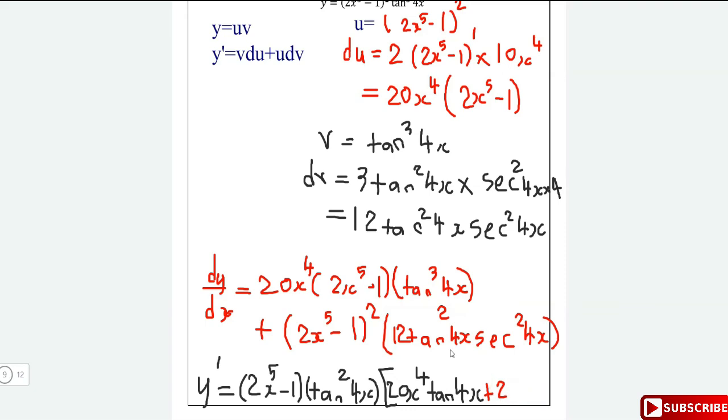All right, let me see if I can squinch it a little bit better. Plus 2x to the 5th minus 1, and this is being multiplied by 12 sec square 4x.